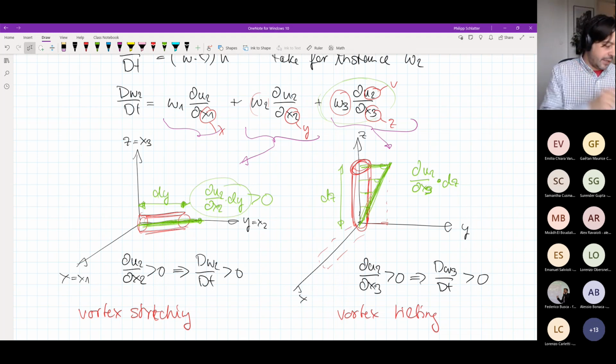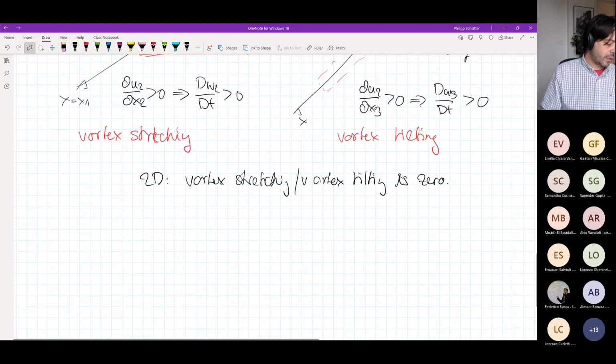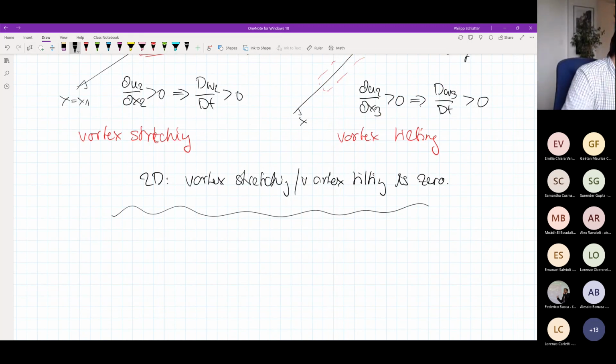In this case, you make a vortex element in the y direction longer if you have du2 dy, or dv dy, being non-zero. Then you stretch it, or in the other case, when you tilt it, then you also increase the vorticity. Okay, so this was about this term.